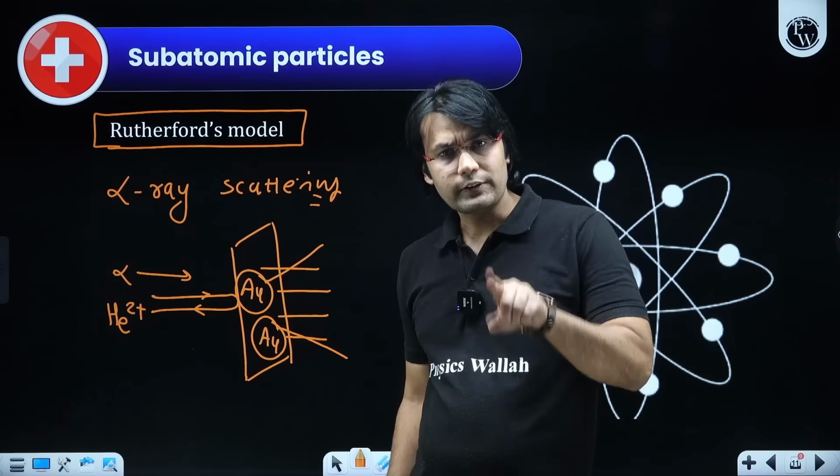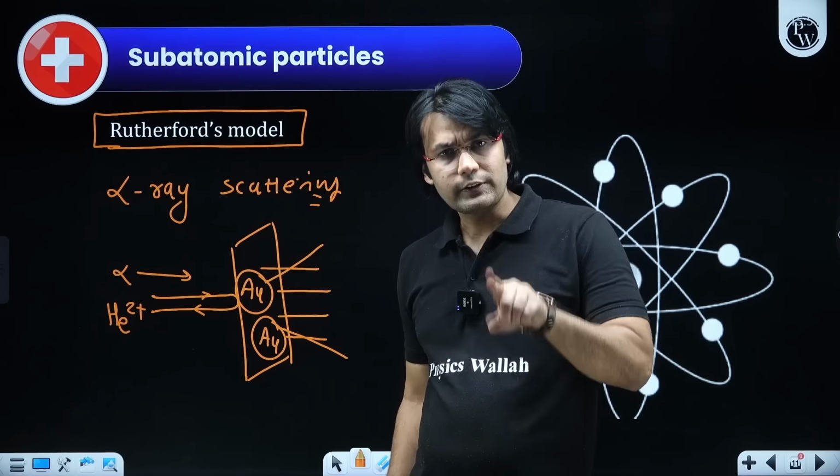And after a certain time, the electron should collapse, should collide into the nucleus. And if that happens, your atom will be destroyed. But we all know that atoms are stable. Atoms are stable.